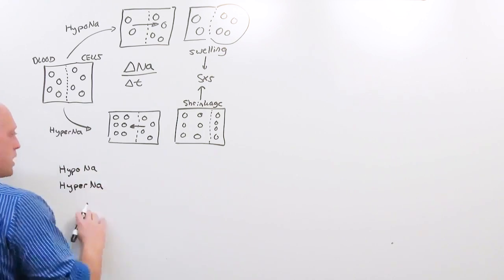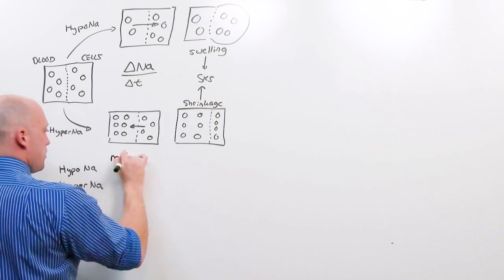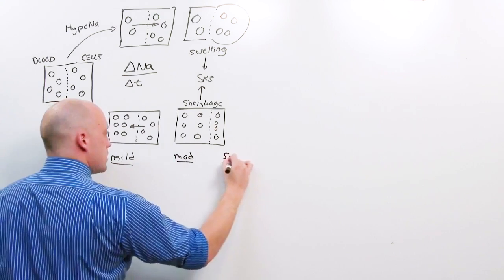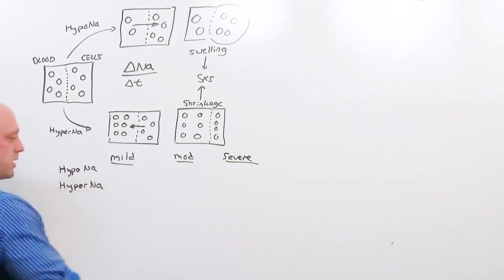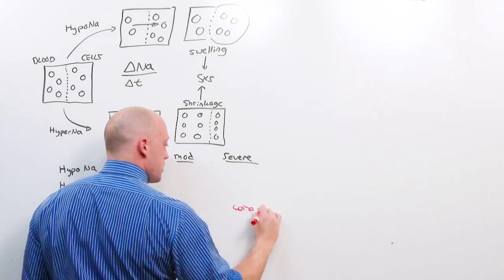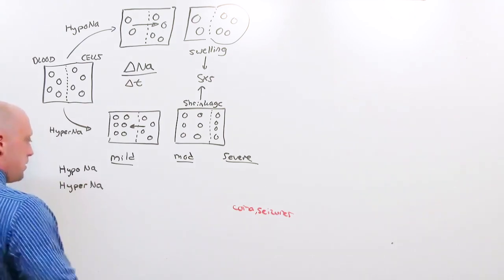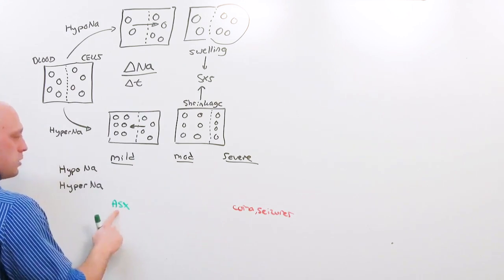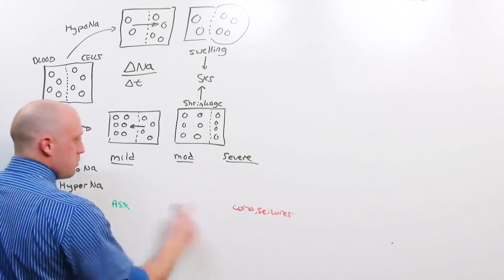I want you to separate the disease states into three categories: mild, moderate, and severe. In the severe case, what you're going to get is coma and seizures. In the mild case, completely asymptomatic, you happen to get a sodium on a lab draw and it's abnormal. And moderate disease is going to be anywhere in between.